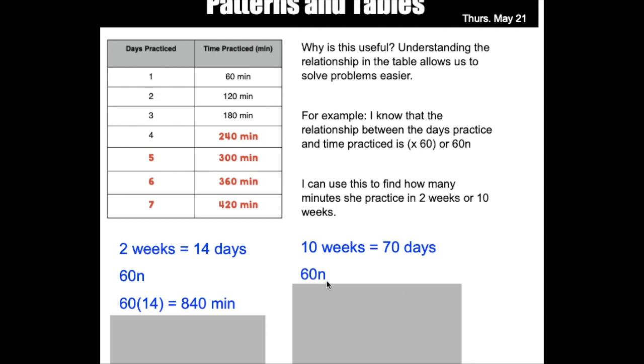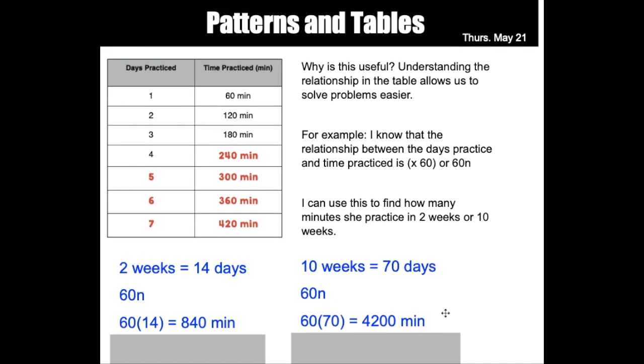So 60 times the number of days practiced. I am going to replace the variable with 70 because I have a specific number of days. 60 times 70 is 4,200 minutes. So in 10 weeks or 70 days, Emma would have practiced for 4,200 minutes.